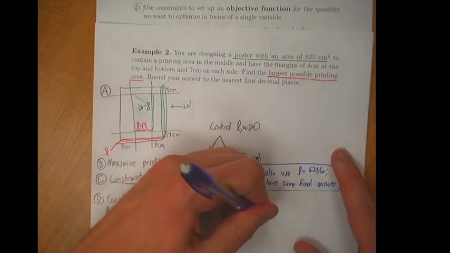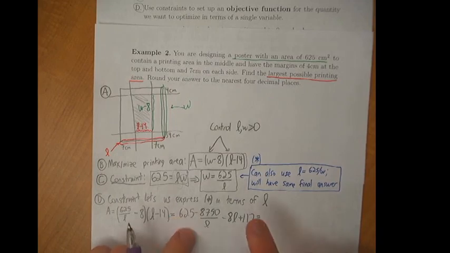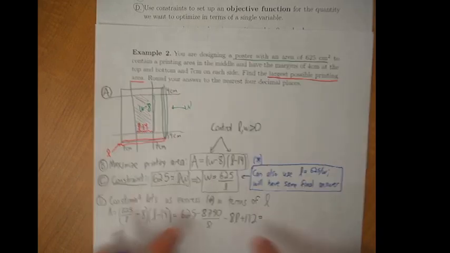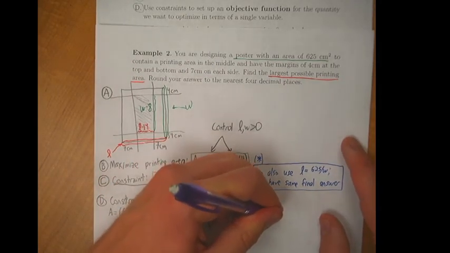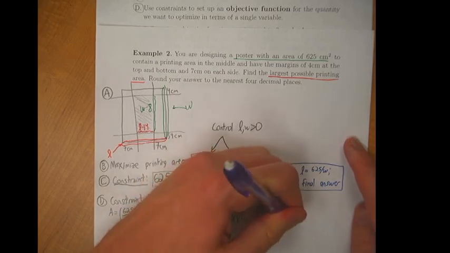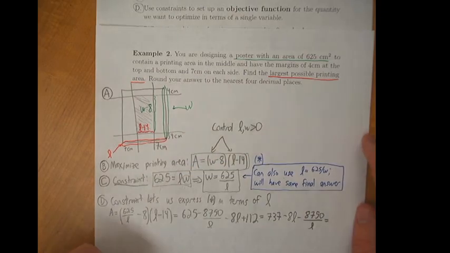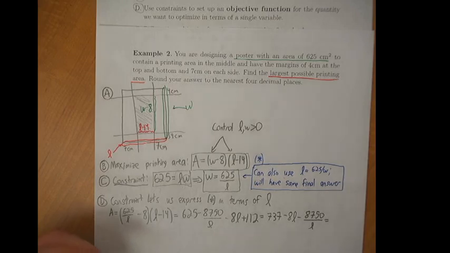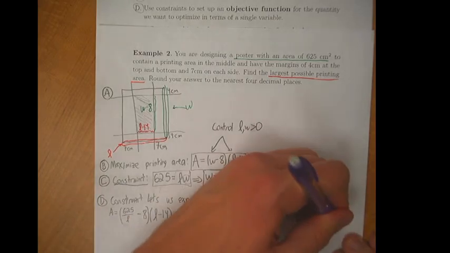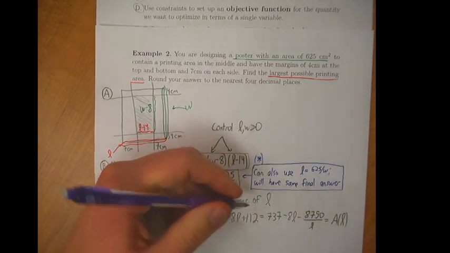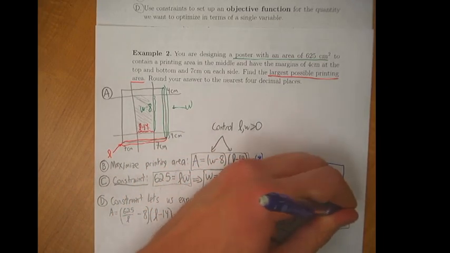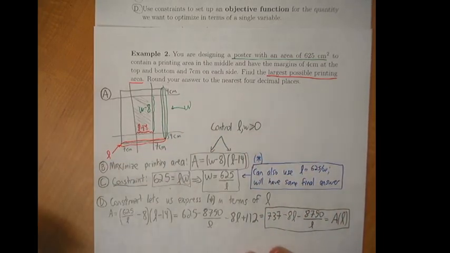If we simplify this down a bit by adding the two constant terms together, we ultimately have 737 minus 8L minus 8,750 over L. So our printed area can now be expressed in terms of the variable L. So ultimately we have this.